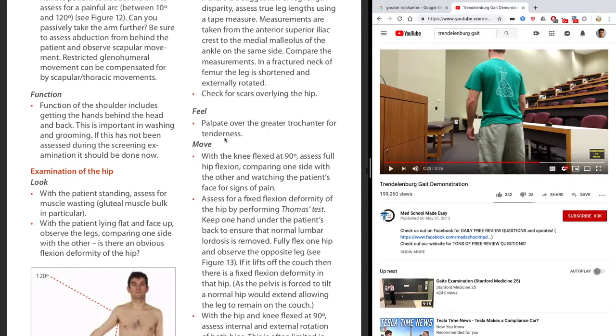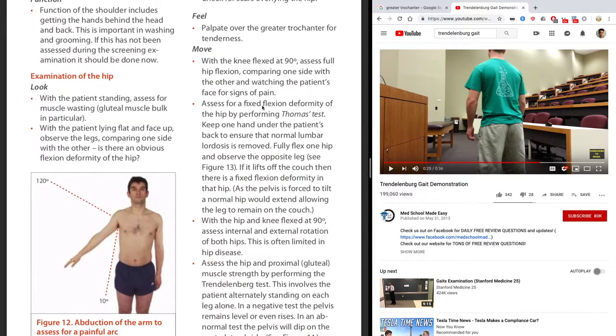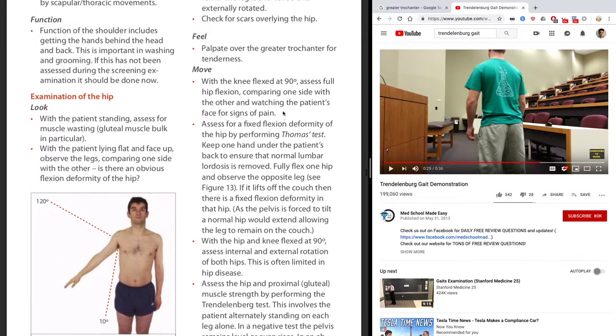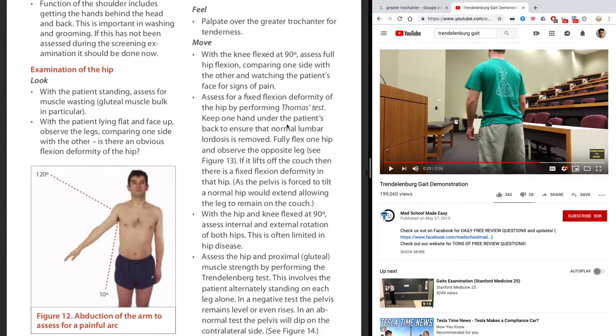Now, after look, you're going to feel, palpate over the greater trochanter for tenderness. Okay, next move. With the knee flexed at 90 degrees, assess full hip flexion, comparing one side with the other and watching the patient's face for sign of pain. So flex the knee, full hip flexion.